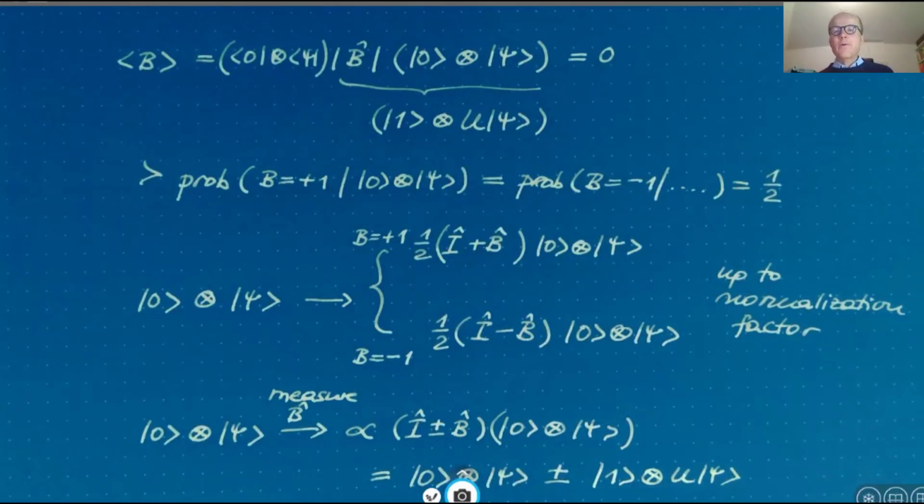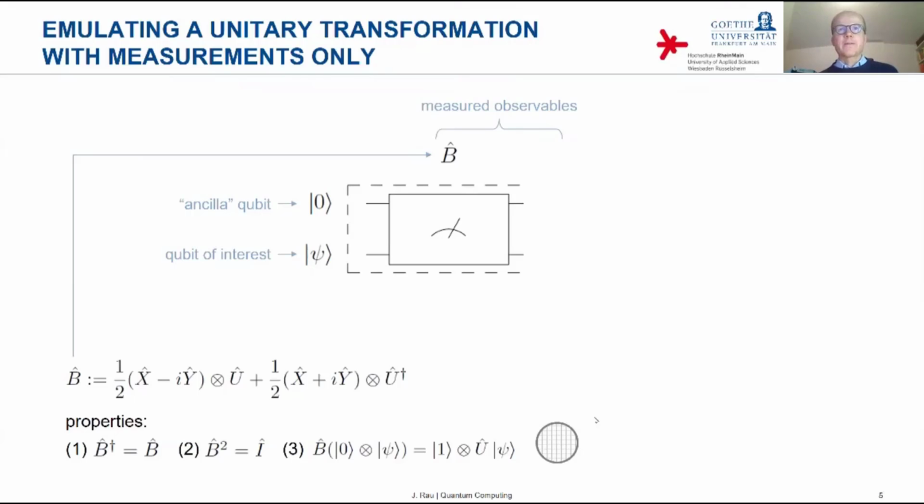So let's at this point go back to the circuit. And we know after measurement of b, so that the two possible results occurred with equal probability, one of the two.